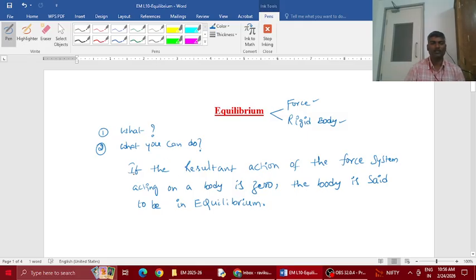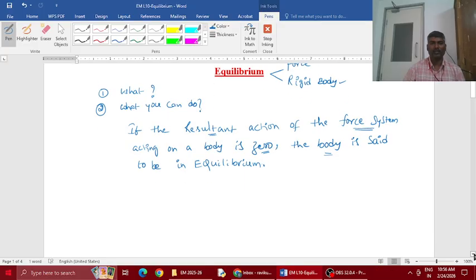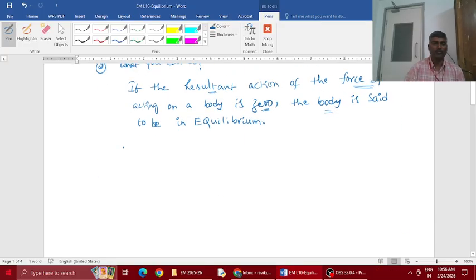You see this? A resultant is zero in simple words. Resultant of what? Of any force system acting on the body. In the physical world, we have bodies with so many forces acting, and we have categorized them into so many force systems.